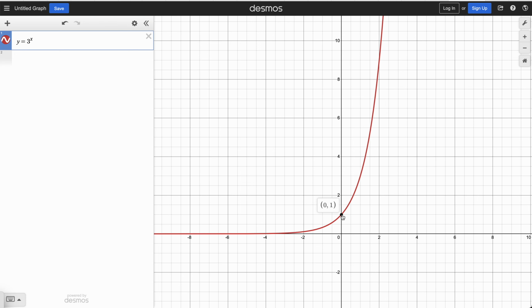In Texas, the majority of the standardized tests actually incorporate Desmos. So your students, when they take the benchmark test for the state of Texas, they will use Desmos. It will be provided on the computer that they test on.